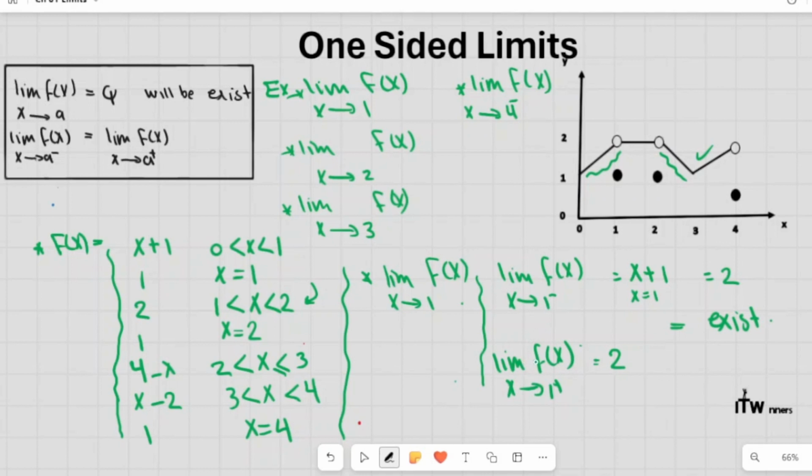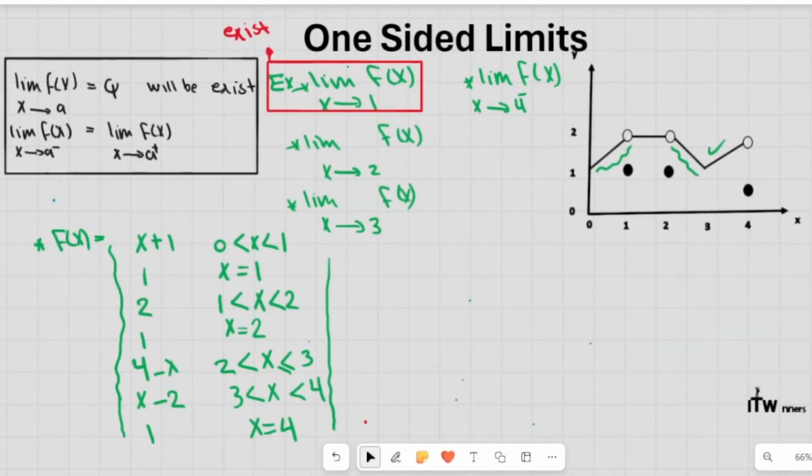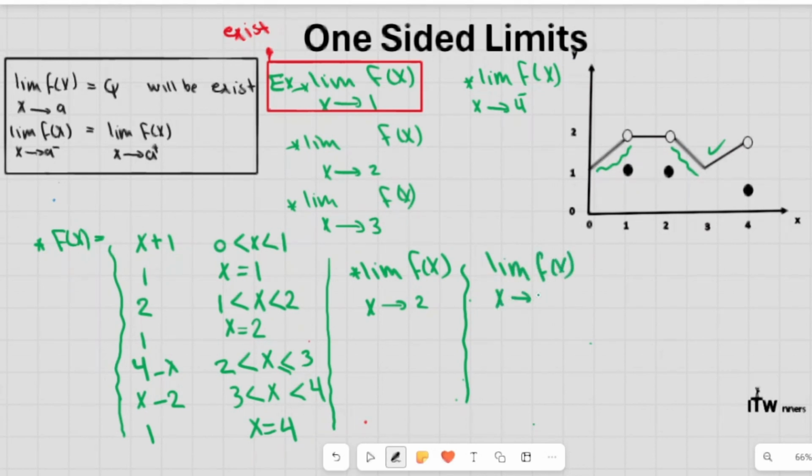Okay, again with the next one, the limit of f of x when x approaches 2 is divided into two limits. We have the limit of f of x when x approaches 2 negative, and the limit of f of x when x approaches 2 positive.